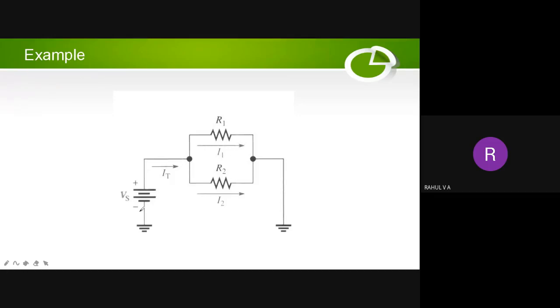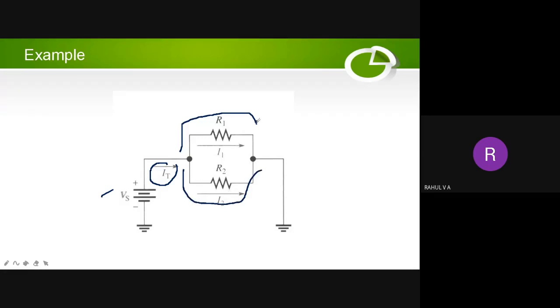I am keeping a voltage source here, so it provides current to the circuit. Because of this voltage source, the current IT flows in the circuit, and this IT is further divided into two. The current through R1 is I1 and the current through R2 is I2.